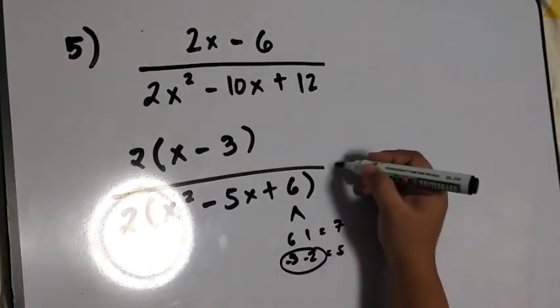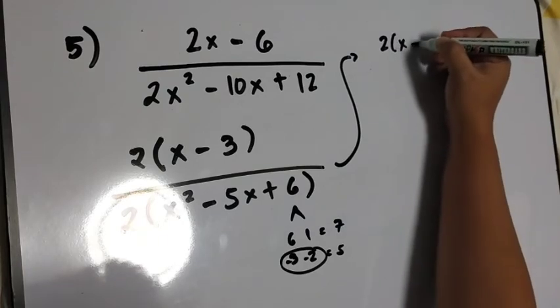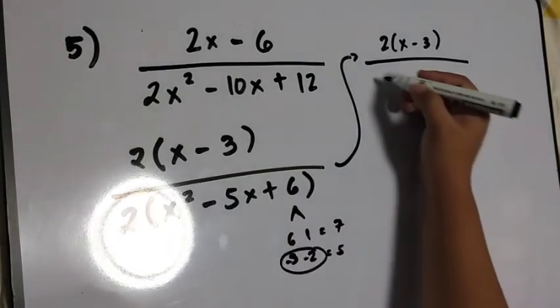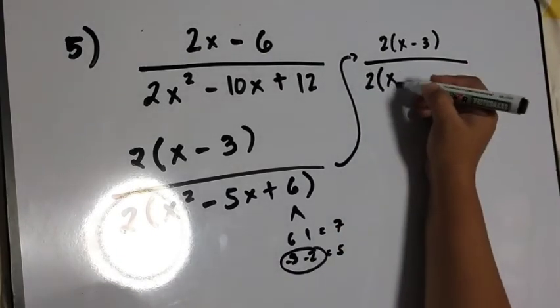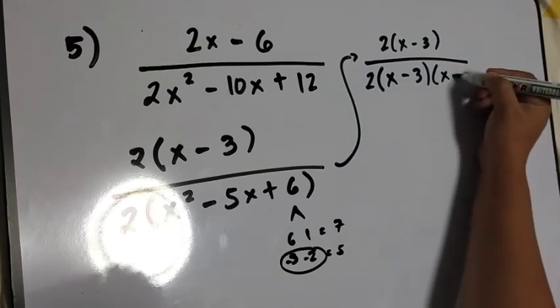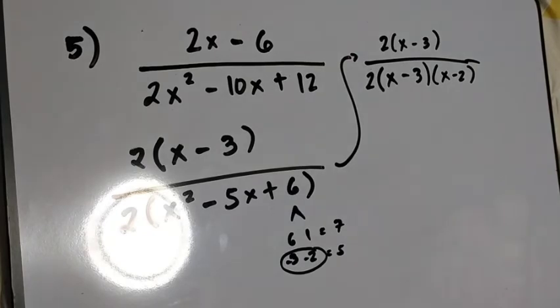Therefore, okay, sa numerator, simply copy. Sa denominator, so yung 2 yung pinactor out natin. Then, our factors will be x minus 3 and x minus 2. So, now, may makakancel ba?